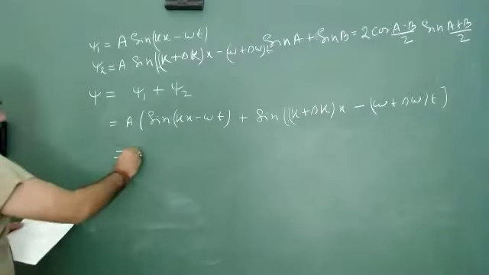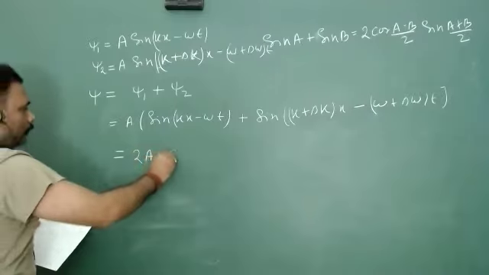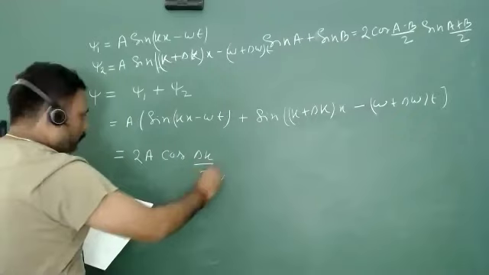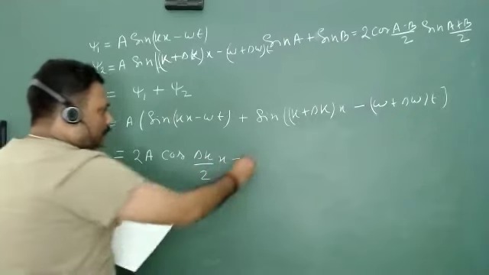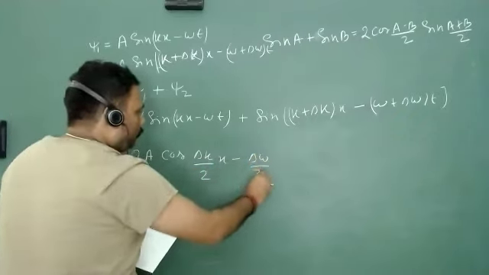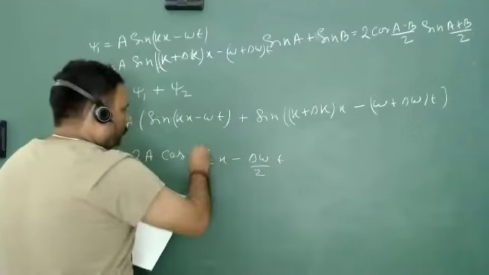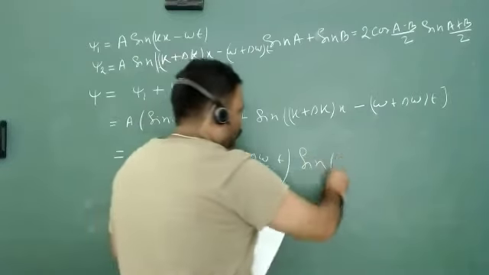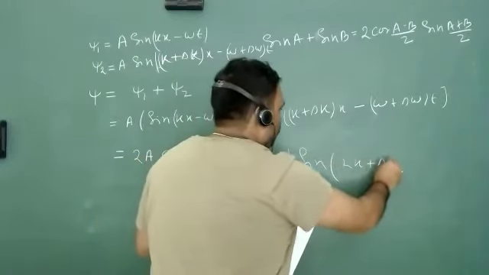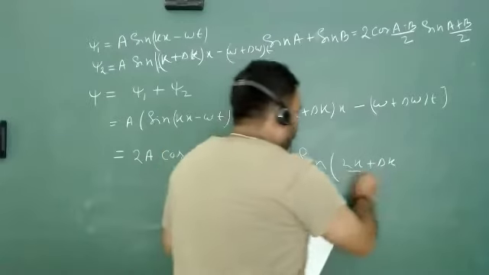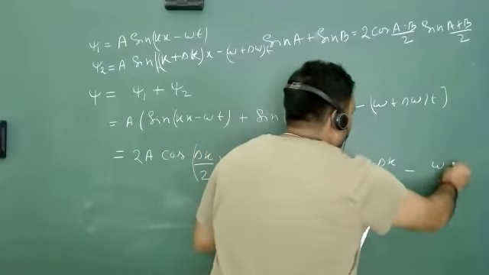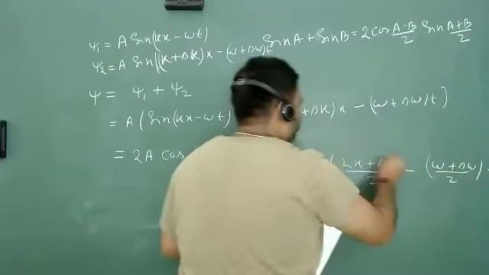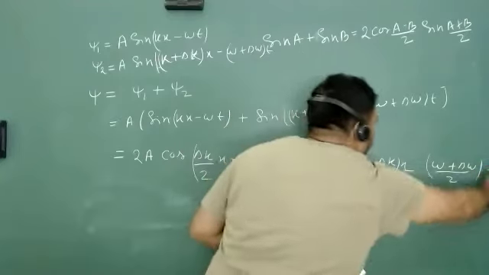So this will be 2a cos of (delta k by 2 into x minus delta omega by 2 into t), and the next term will be sine of ((2k plus delta k) by 2 into x minus (2 omega plus delta omega) by 2 into t).